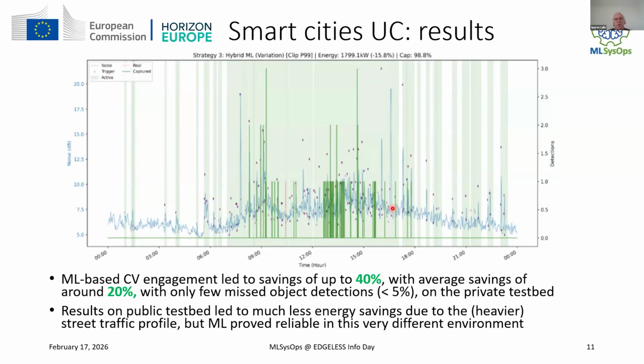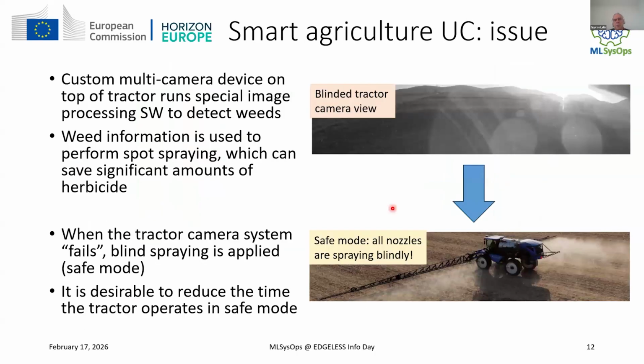In the second use case, the idea was to improve the so-called spot spraying in the field. There is a device on the tractor that scans the field in front of the tractor.